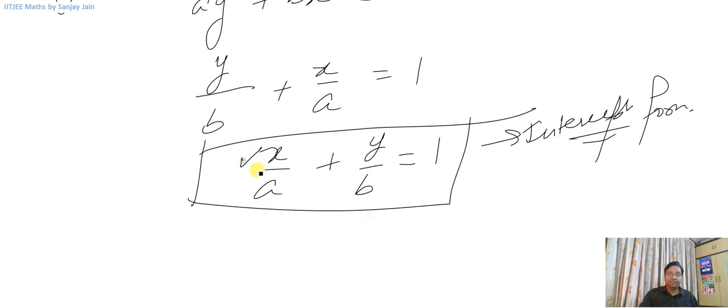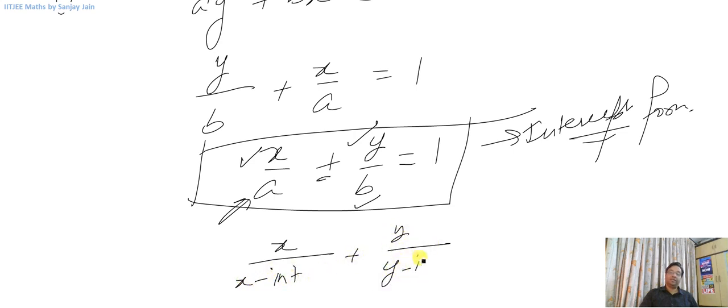So x divided by the x-intercept plus y divided by the y-intercept is equal to 1. This is the intercept form of a line.